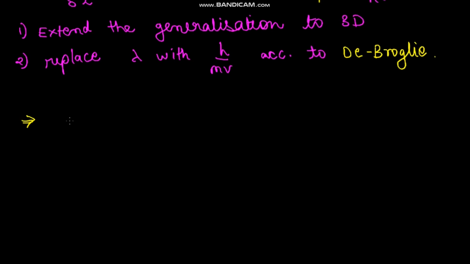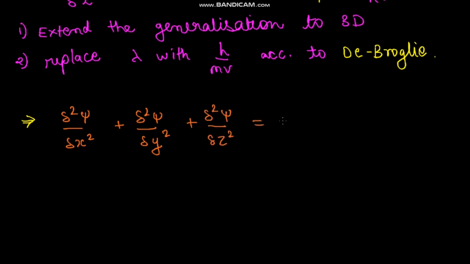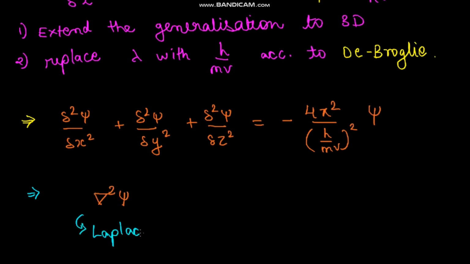So the equation becomes this, which is the variation of psi in space. So we can use a simple symbol for that, that is delta square, which is also called the Laplacian operator. So the equation is delta square psi is equal to minus 4 pi square m square v square psi divided by h square.